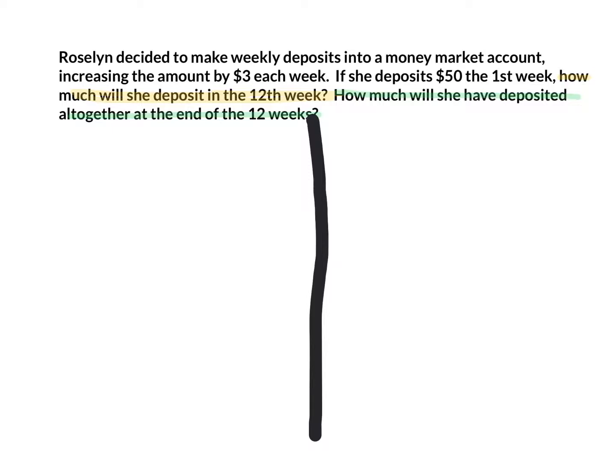So if you remember, arithmetic is a of n equals a1 plus parenthesis n minus 1 times d. Again, if you don't remember the pieces, a of n is the last term of the sequence.